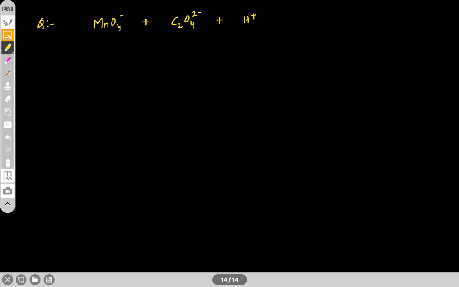Now, what do you mean by H plus here? Gives Mn plus 2 plus CO2, plus H2O. H plus means acidic medium. Try this one.